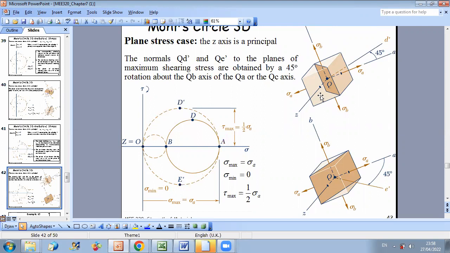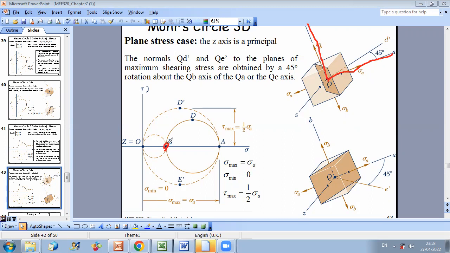axis QA, and the second plane. So if I consider this point here, you have axes A, B, and you have axis Z. Here, to have the maximum shear stress, you will not rotate around axis Z, you will rotate around axis QB.